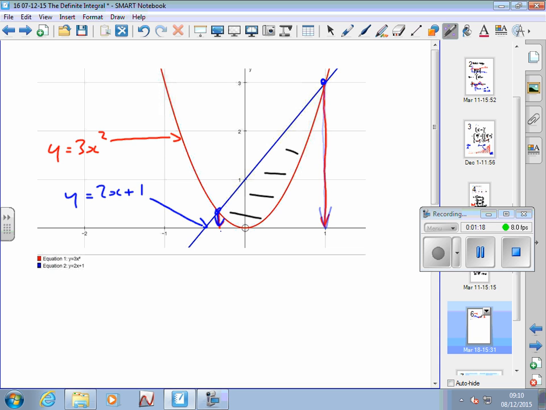So then I can integrate between those 2 points. If I integrate the blue function between those 2 points and then the red function between those 2 points and take one away from the other, I'll have the area between the curves. The problem is, how do I find those 2 points? How do I find the limits?